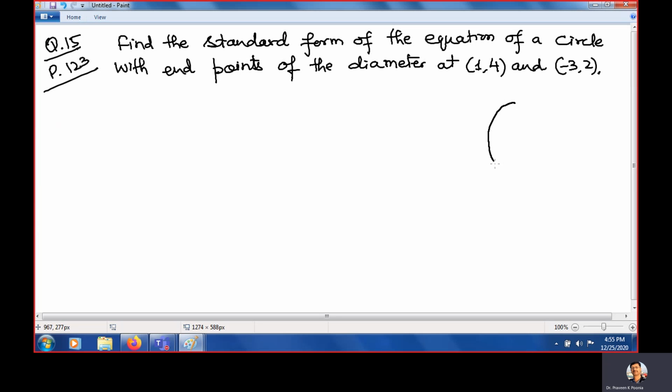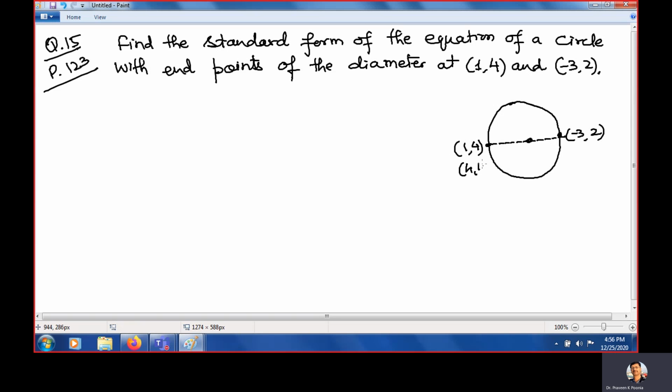So if this is the circle, what is the diameter? Diameter is on 2 points on the circumference such that it passes through the center. So if this point is (1, 4) and this point is (minus 3, 2), then what is the diameter? Clear? So what we will take? We will take one as h, k and another as x, y.